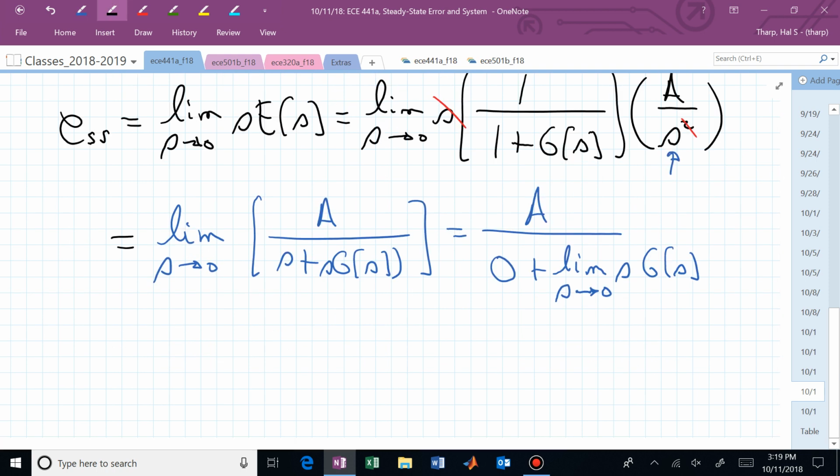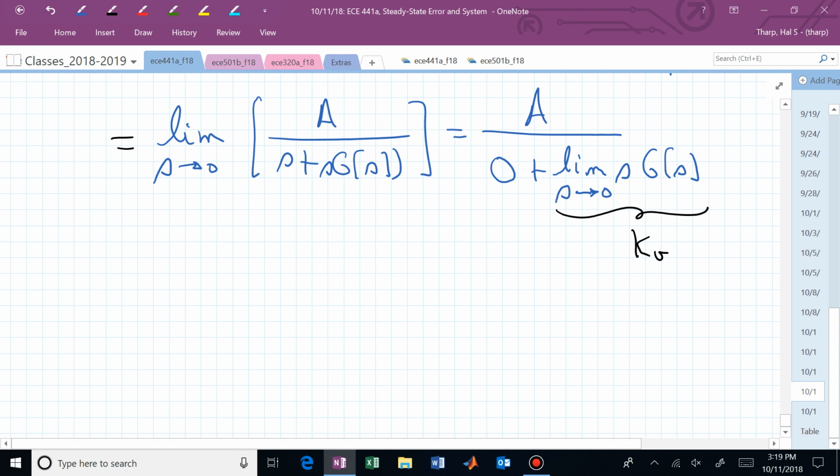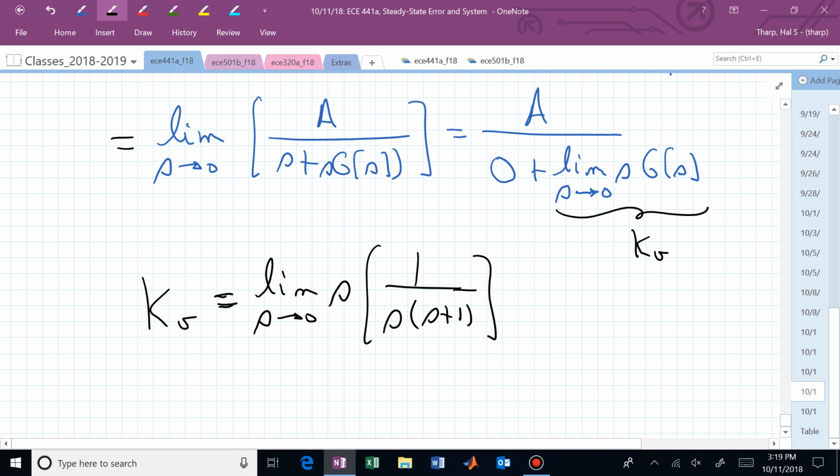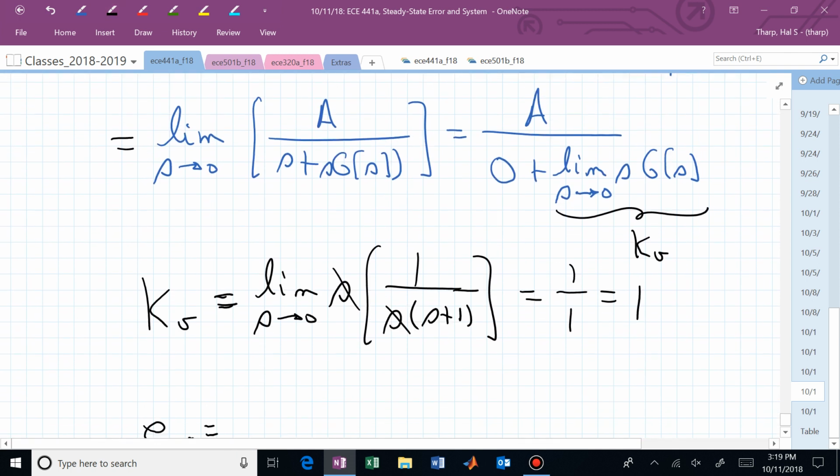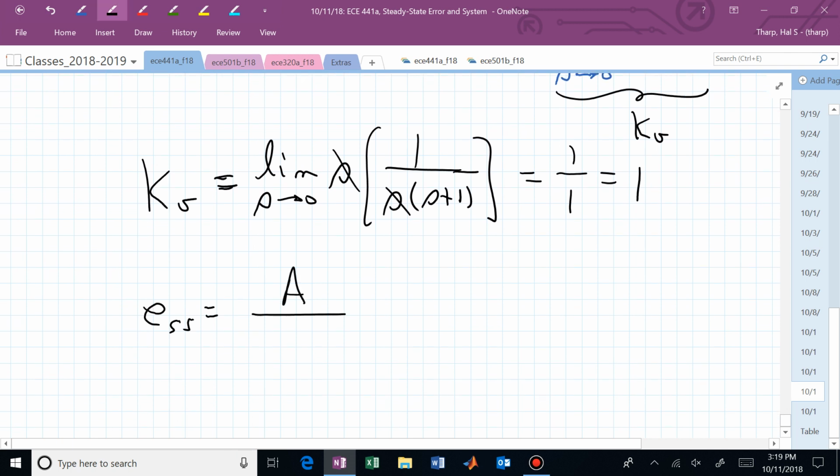But this particular term is what we were calling our velocity error constant, k sub v, which was the limit as s goes to 0 of s g of s. There's our g of s for this particular system, and that is now just 1. So now our steady state error is going to be a over 1, or a.